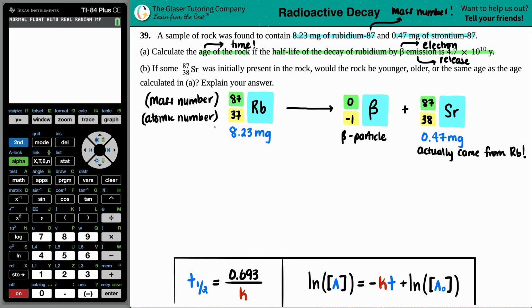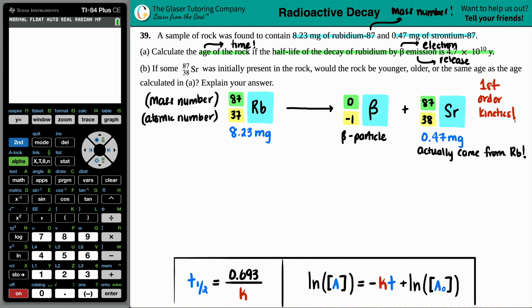And just know that all of your radioactive activity, any type of radioactive decay, is always going to be first order kinetics.